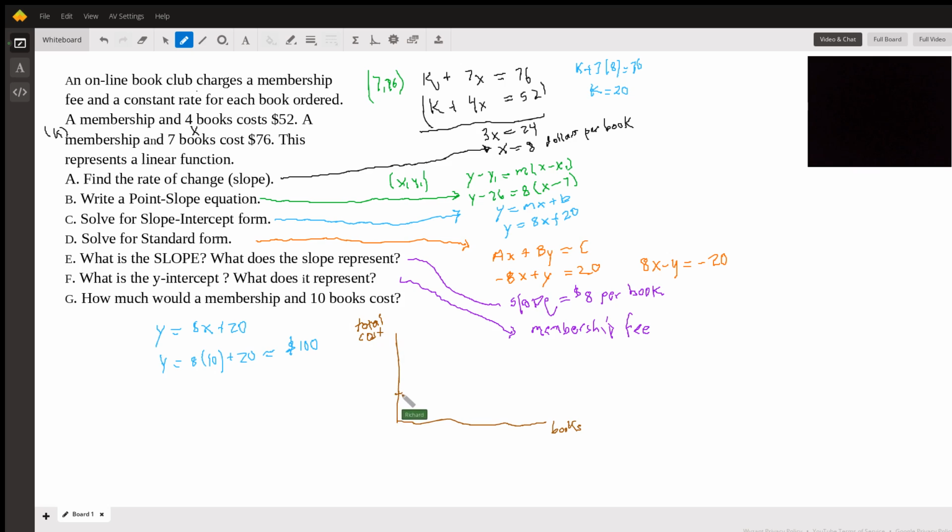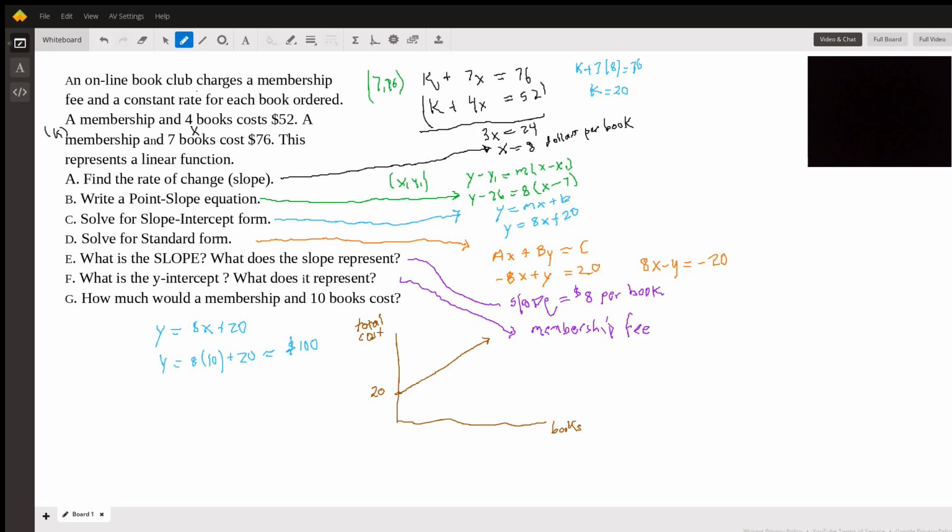For 0 books, we have to pay $20 to get in. And then you're going to see this equation would be a line going up like that. So that's helpful too. I should have put that in earlier, I guess. But I think this is really very straightforward, very simple to do, but so important.